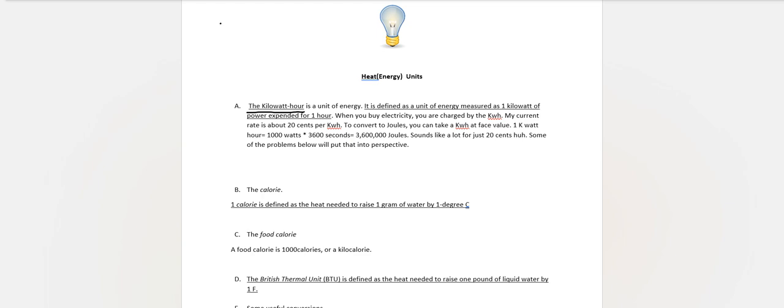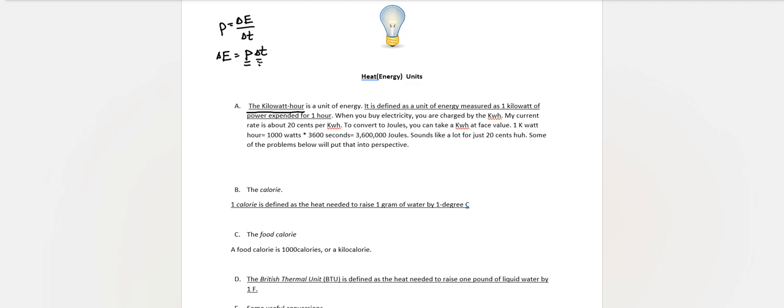Well, remember that power is change in energy over change in time, or work divided by time, either one. If I take this equation and put the delta T on the other side, change in energy is power times delta T. So anything that is a power times a time is a unit of energy.